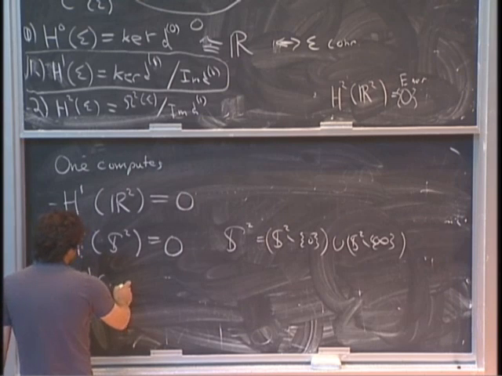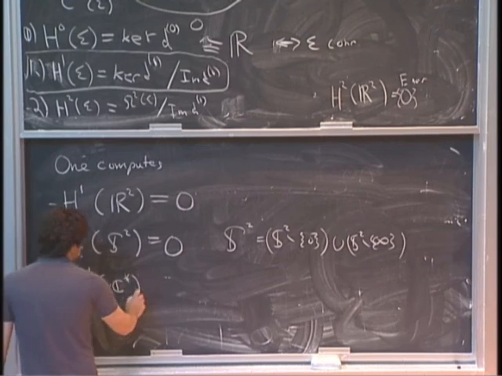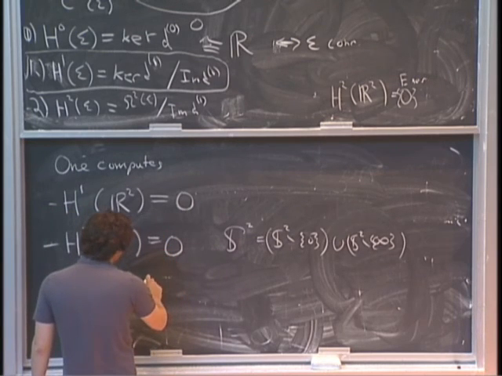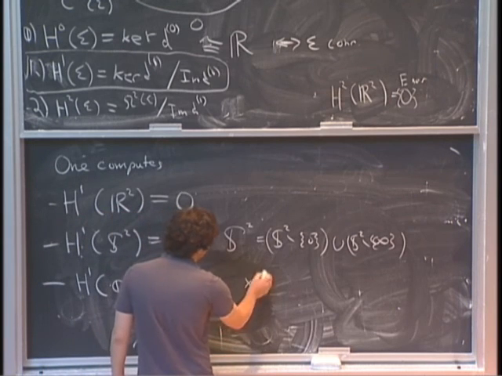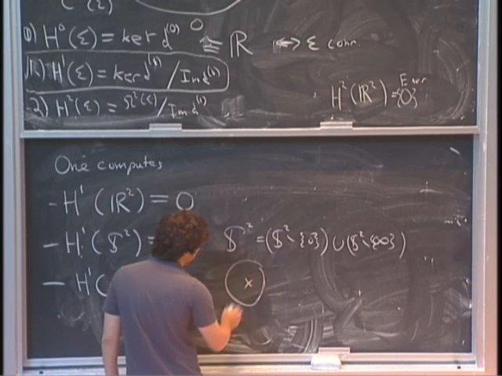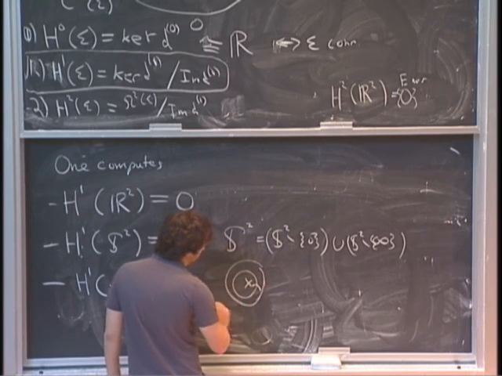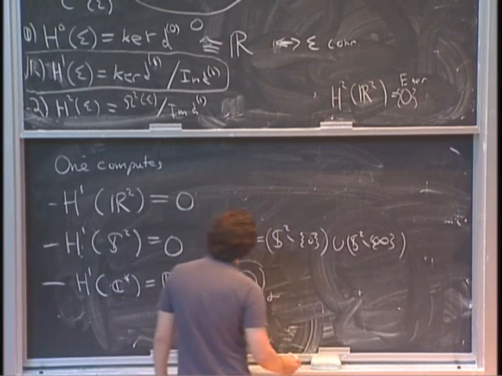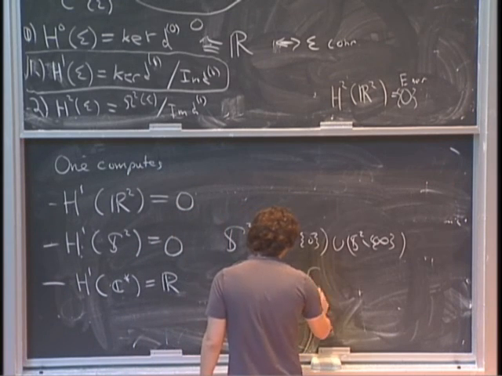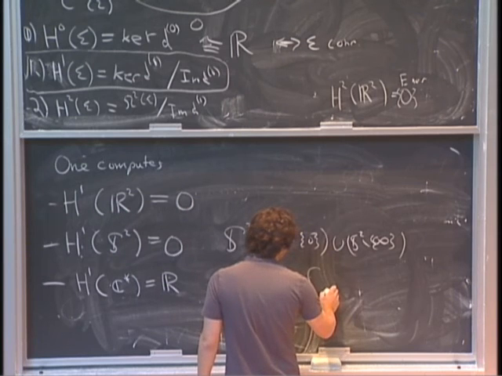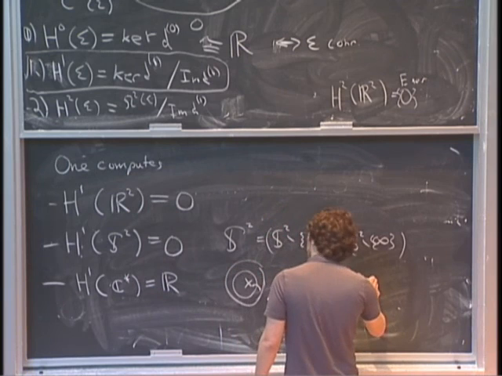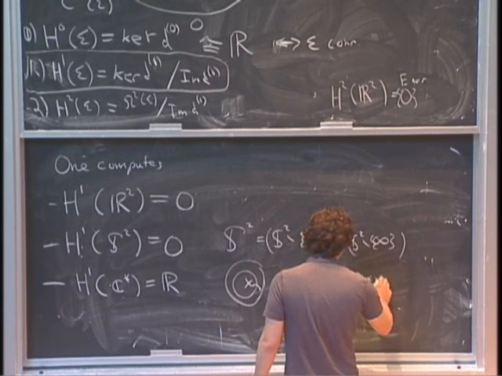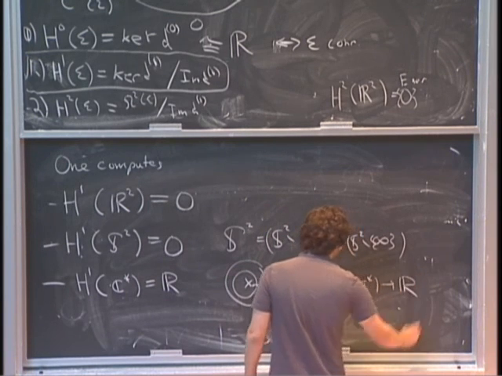on the other hand, one can compute that say the annulus, so the punctured complex plane, has H^1 equal to R. And the way to see this is, let's just take the punctured disk, which is topologically the same. Pick this curve gamma. Then you look at the integral around gamma, which takes Omega^1 to the real numbers.